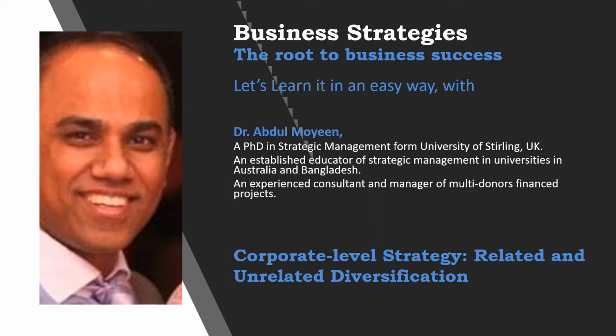In this session, we will discuss related and unrelated diversification strategies and the advantage and disadvantage of each of these strategies. We will highlight the issues of bureaucratic costs, which often limits the extent of diversification, followed by a discussion of how best to choose related or unrelated strategies.